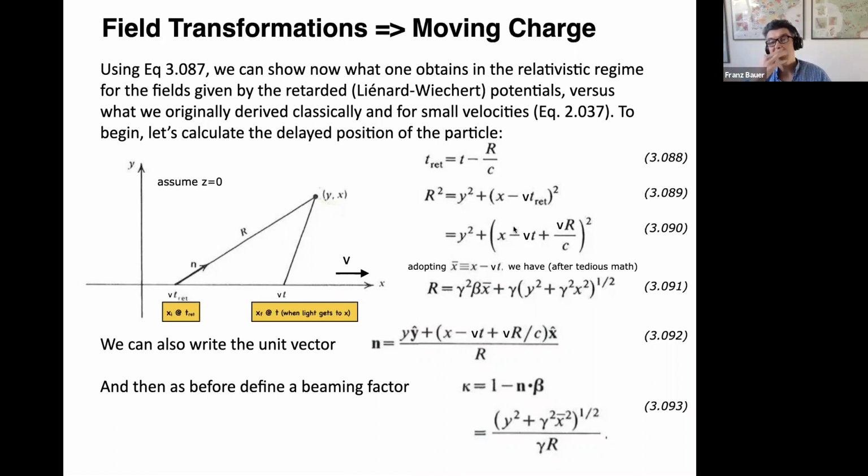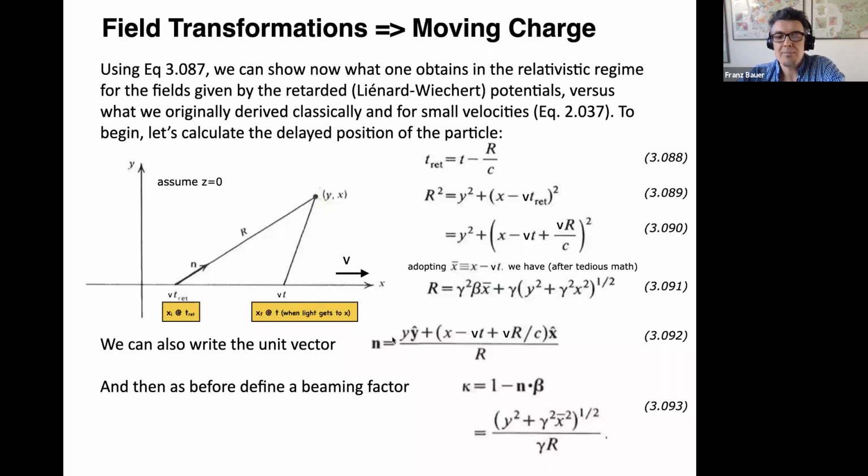Through a substitution, putting x for x minus vt, and moving around various bits and pieces, we can derive r as a function of gamma, of this thing here, and x and y. We can also write a unit vector going in the direction of r, and derive a y component and an x component of that unit vector.